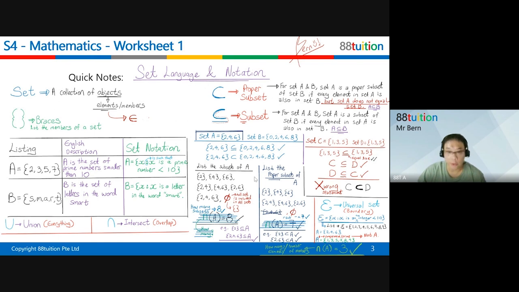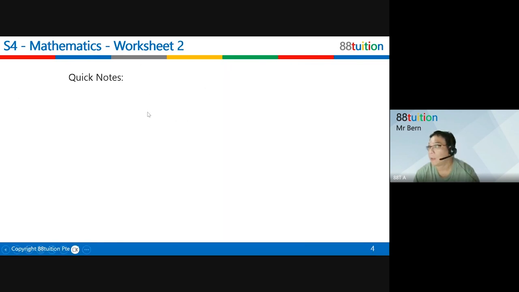So today we are basically going into something called the Venn diagram. Maybe you can draw a Venn diagram for me. A Venn diagram, how does it look like? A Venn diagram is actually made up of circles and a rectangle.